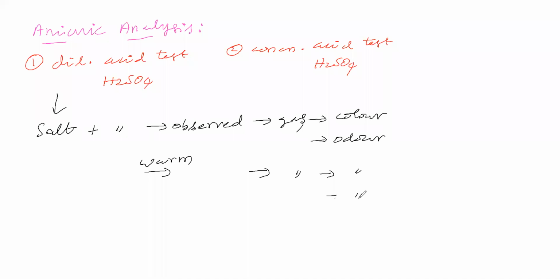Now we will consider that gaseous evolution is possible. That is one possibility. Now we have to observe the color. One possibility is colorless.